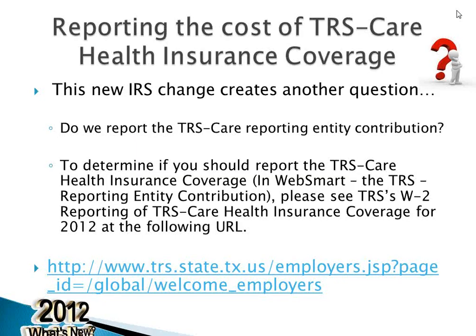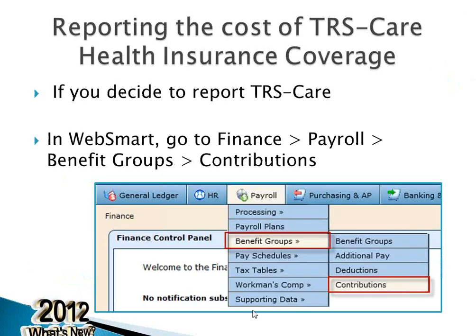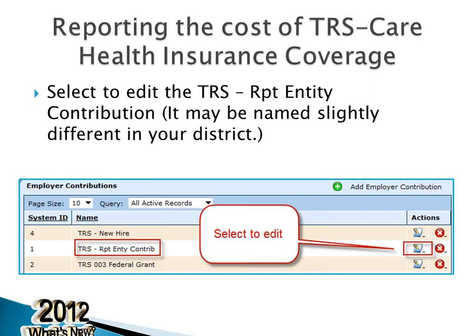So I'm going to close this website and go back to the slide. But if you do decide to report the TRS Care, we have made it available in WebSmart so that you can do that. It's available under Finance, Payroll, Benefit Groups, Contributions. There you will select to edit the TRS reporting entity contribution. Just keep in mind that it may not be named specifically TRS reporting entity contribution.